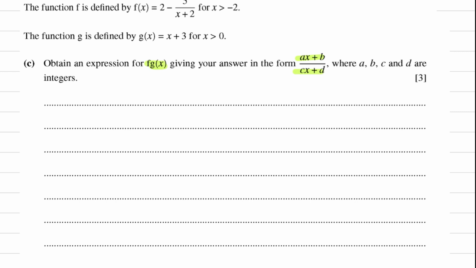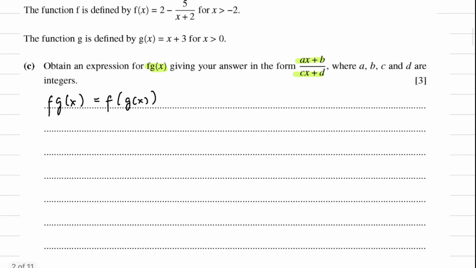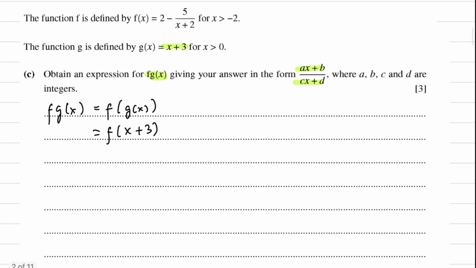So, let's look at the definition. fg(x) equals f of g(x). This is our definition, and we know that g(x) is x plus 3. So we replace g(x) with x plus 3. Now we have f of x plus 3, which means that we substitute x plus 3 into our f(x).